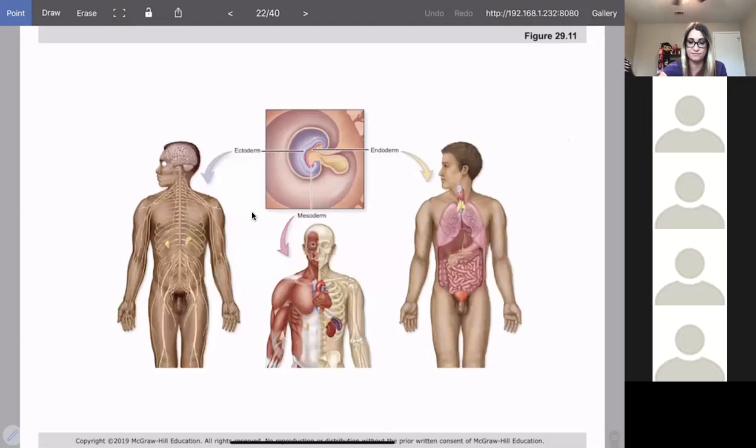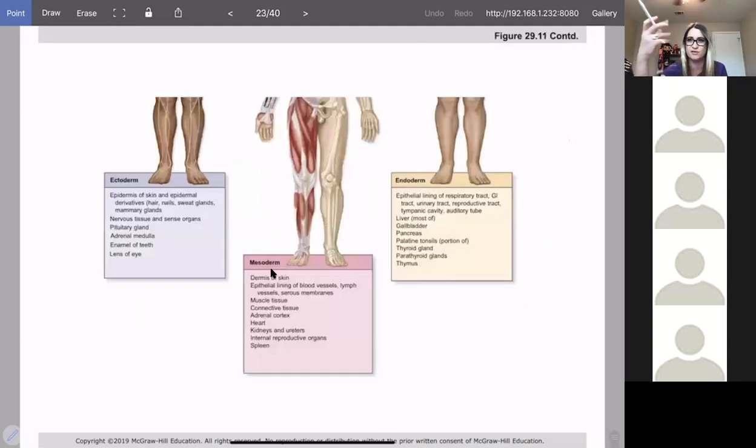But this figure right here is important, because when we look at the bottom part of this figure, you have ectoderm. I want you to know that it gives rise to your skin and various glands, and the nervous system as well.